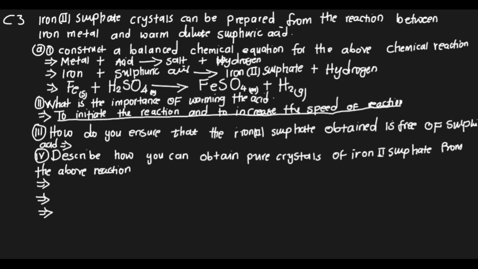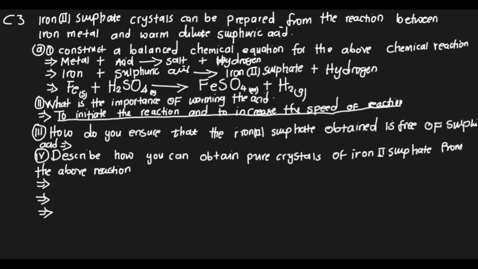Then how do you ensure that the iron 2 sulfate obtained is free of sulfuric acid? So this is the reaction of dilute sulfuric acid with iron metal. Our aim is to produce the iron sulfate and hydrogen gas.